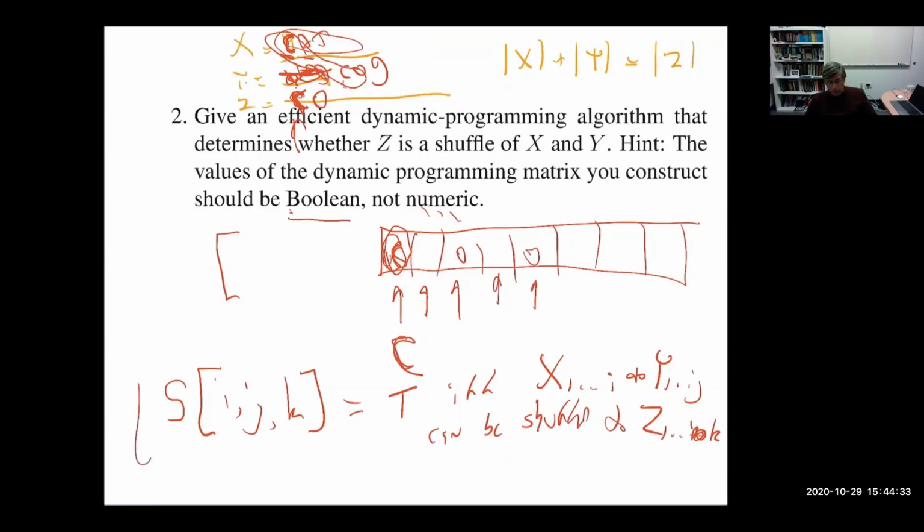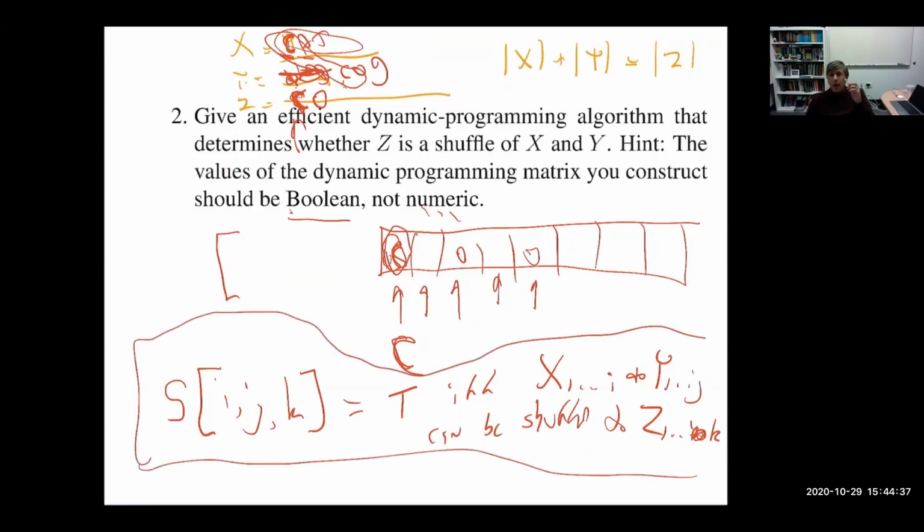Does everybody see that if I could compute what this function is doing? S sub ijk is true if it's possible to shuffle the first I characters of X and the first J characters of Y into the first K characters of Z.